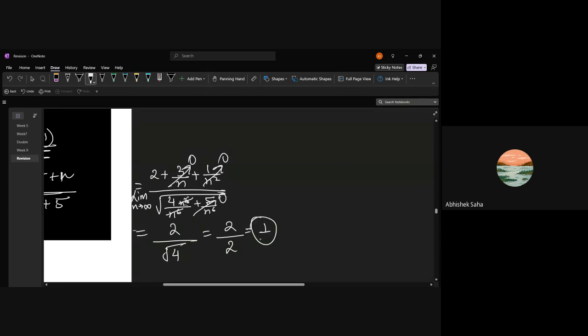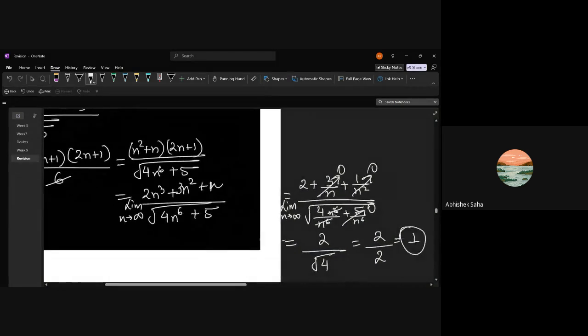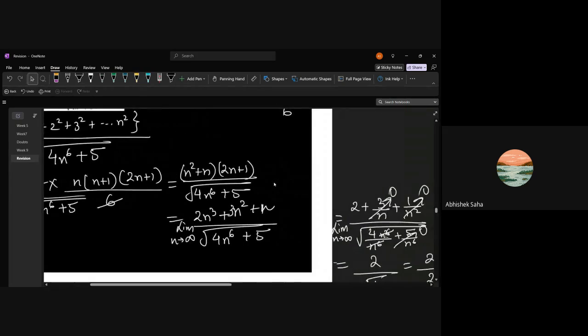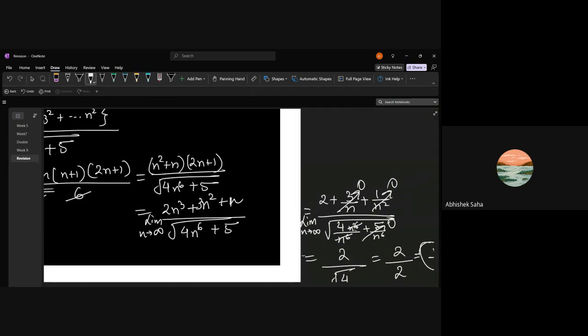Okay, clear? And there is one more trick. The trick is what? From here I can easily solve it. From here I can get that we have the power. I have told you the power. So just use this.